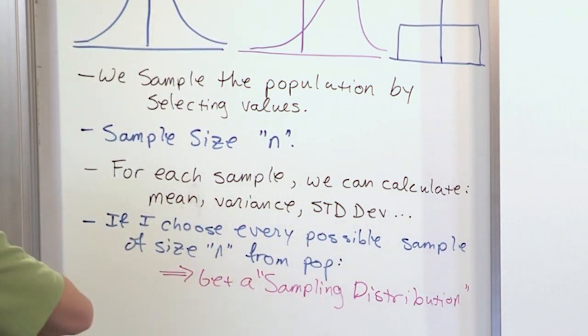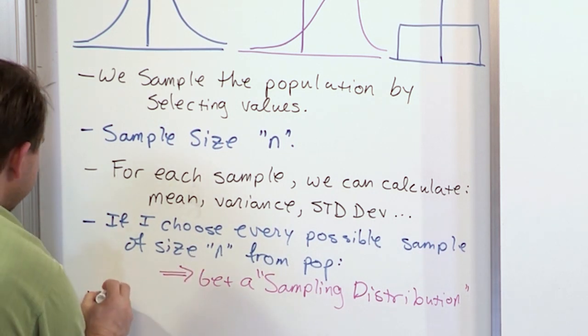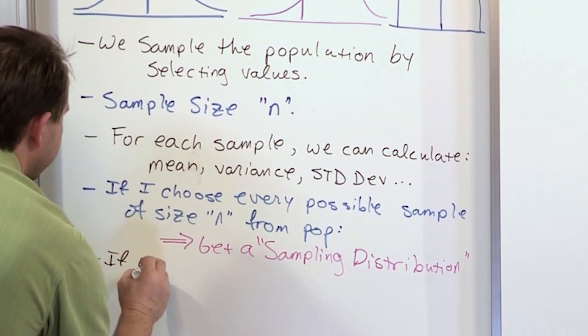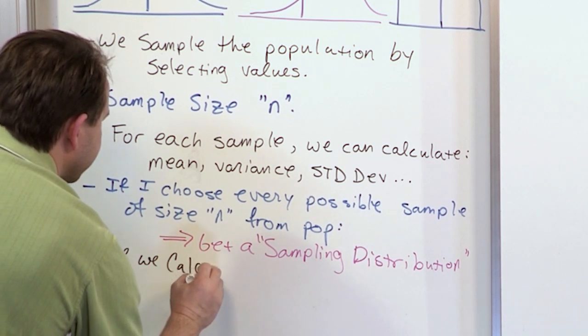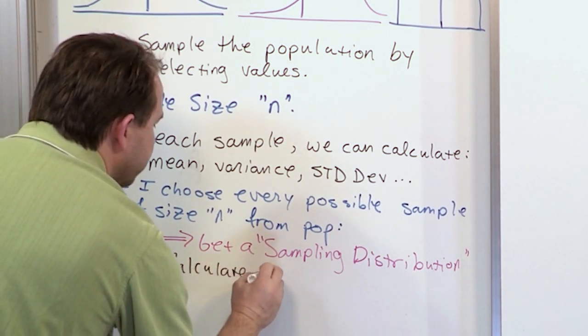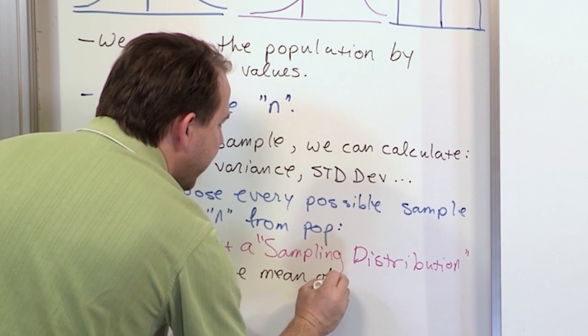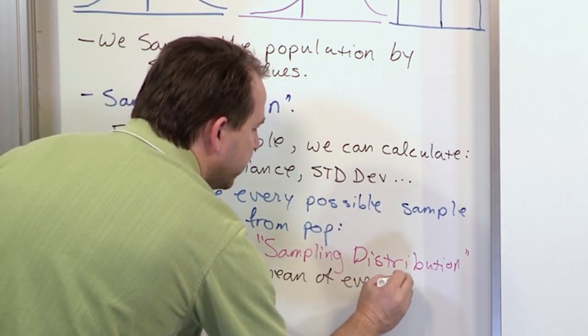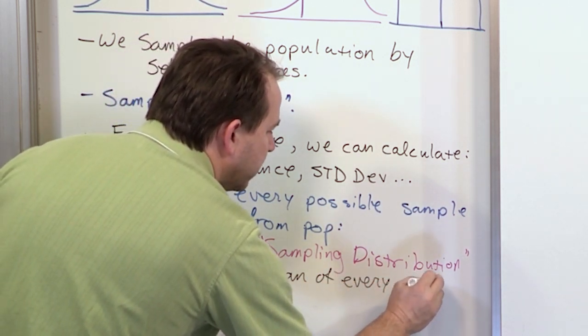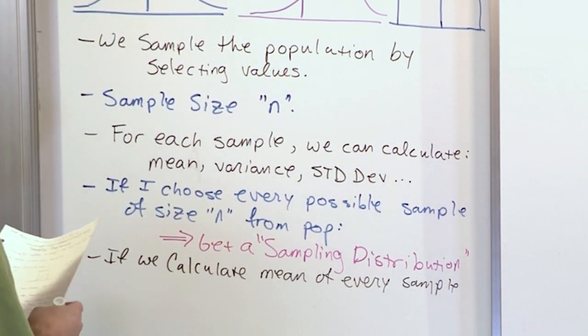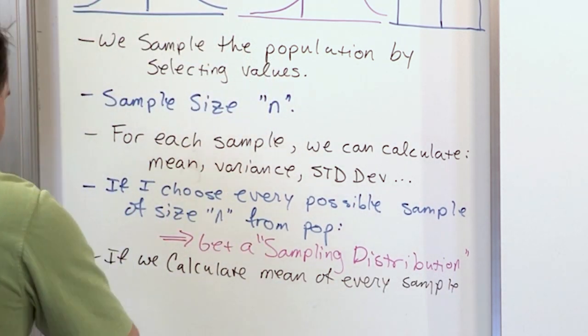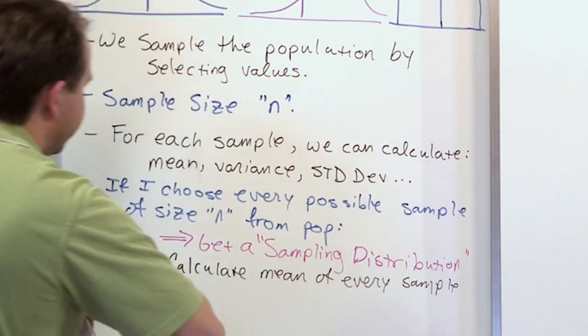And then the final thing I want to say here is what I've basically just said. If we calculate the mean of every sample, then what we get is a very complicated sounding thing, but it's not very complicated.